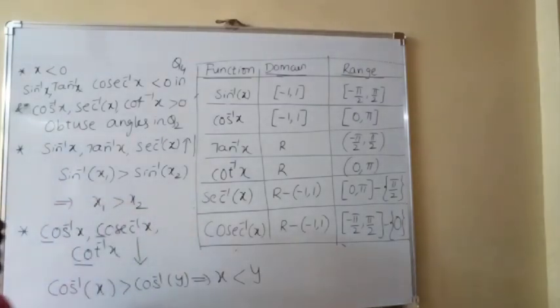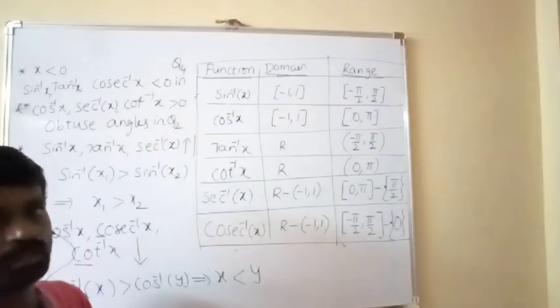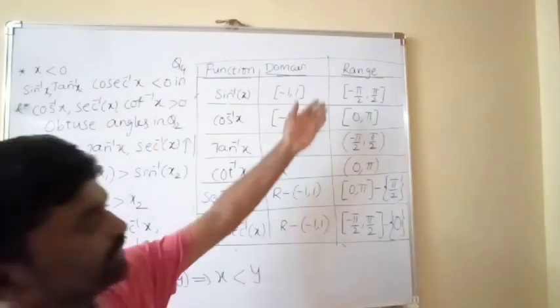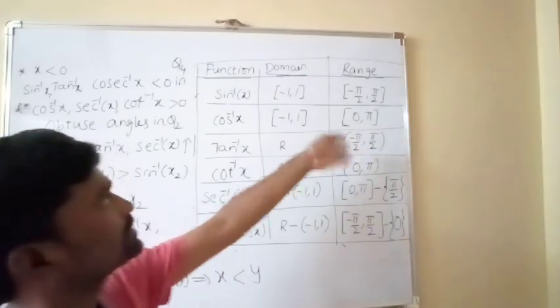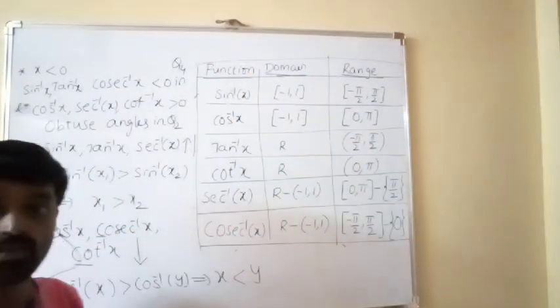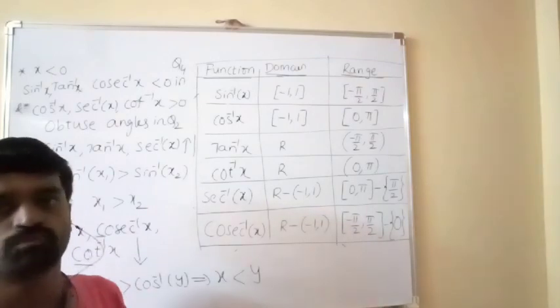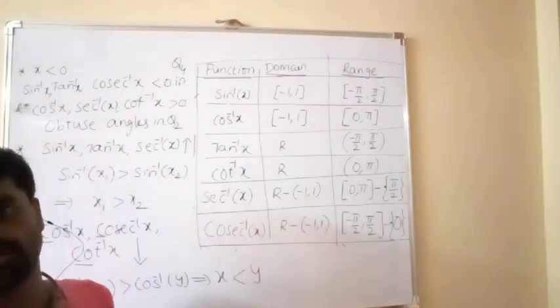Next, all these 6 functions are bounded functions. By looking at their ranges, they have maximum as well as minimum values.